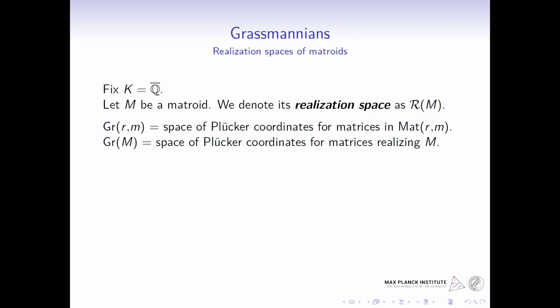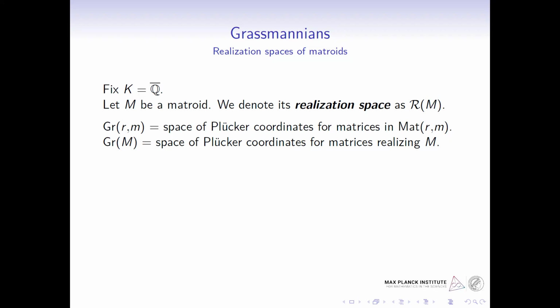Now, the realization space for matroids was already introduced in more detail yesterday in Benjamin's talk. For our talk, we're going to fix the algebraic closure of the rational numbers, and we denote the realization space of the matroid as R(M). And we've seen yesterday that this comes from the Grassmannian. So we have the Grassmannian Gr(r, m), the space of Plücker coordinates for r times m matrices, and we've seen the Plücker relations yesterday in Benjamin's talk.